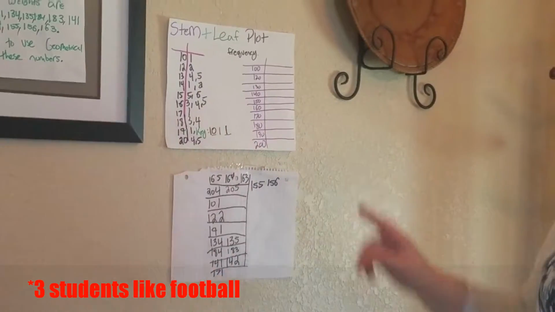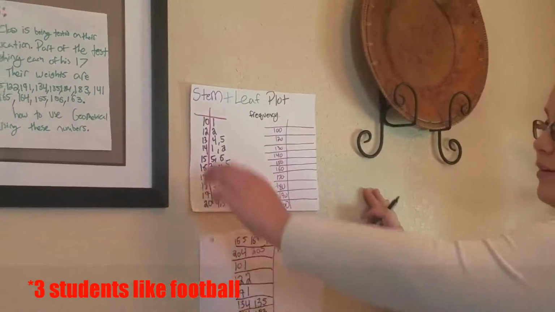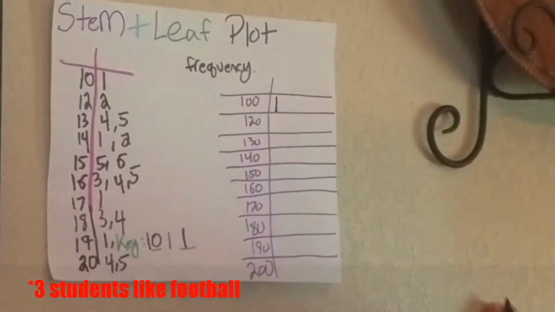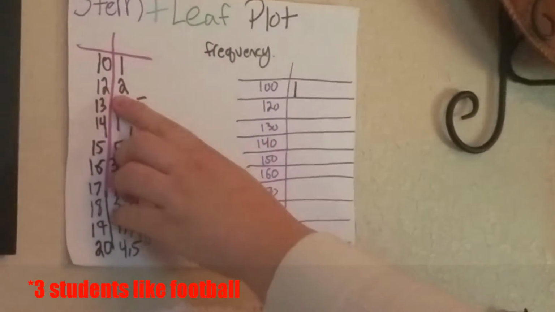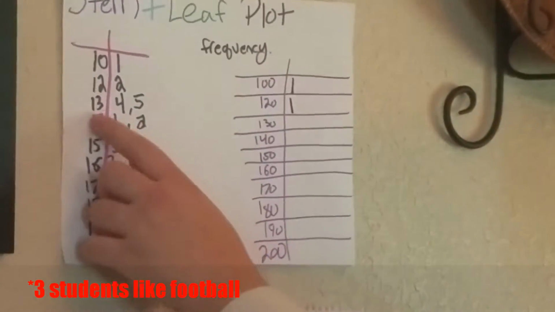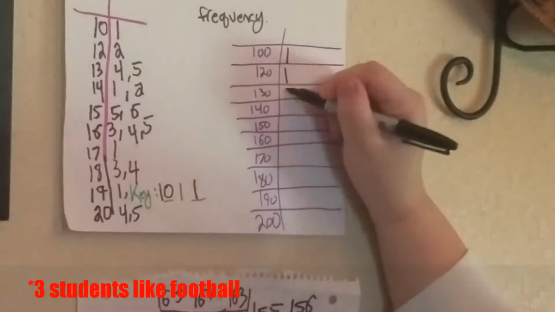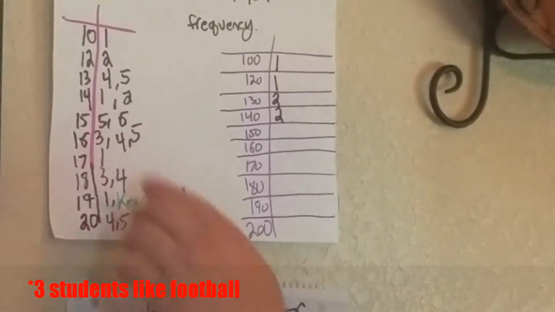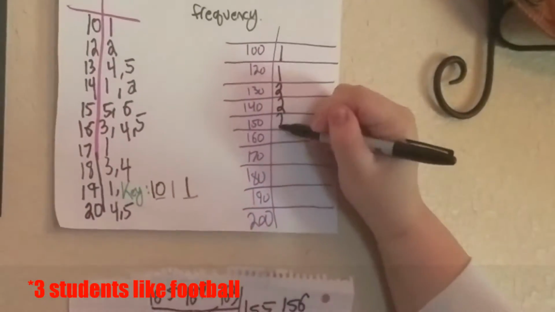So for our hundreds place value, you see we've only got one number. And we're just going to put a 1 there. Our 120s, we've only got one number there, the 122. 130s, we've got 2 numbers. We're going to put 2. 140s, we've got 2. 150s is 2.